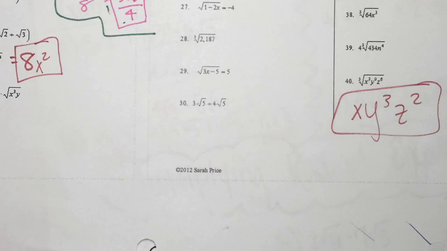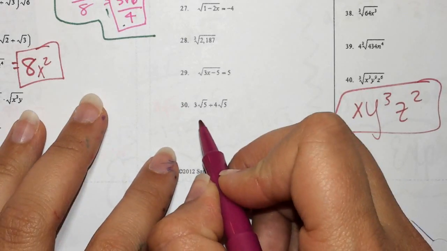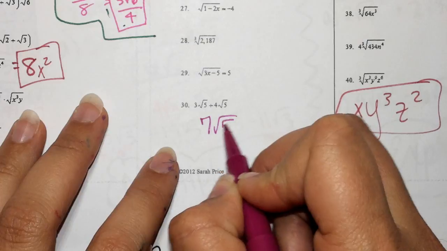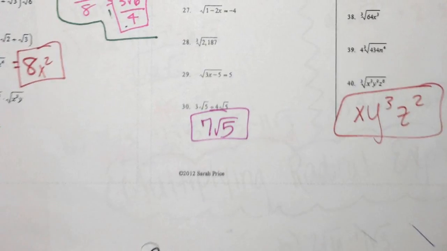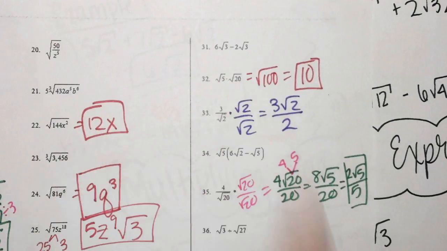Okay, let's focus on 30. What are you supposed to do? Alright, what's 3 plus 4? 7. So your answer is 7 root 5. Did anybody get that right? Okay, good. I hope the whole class can do 3 plus 4. Alright, now do 31.